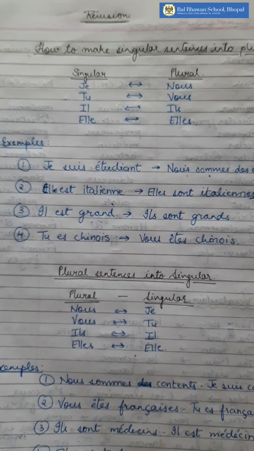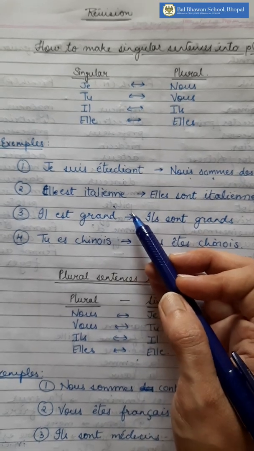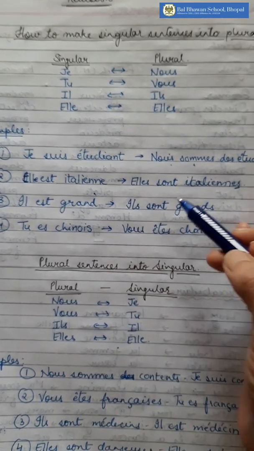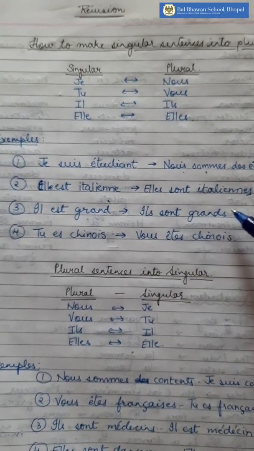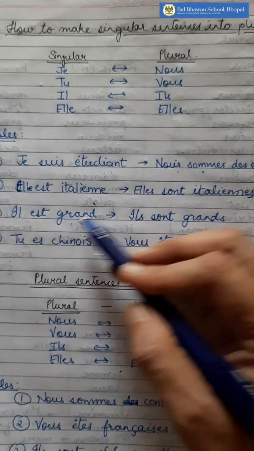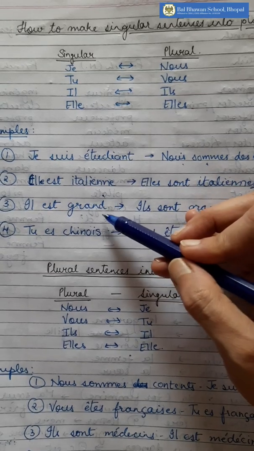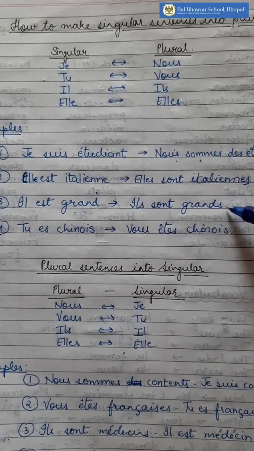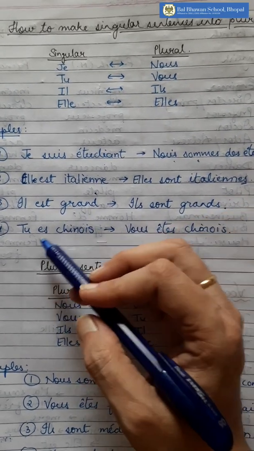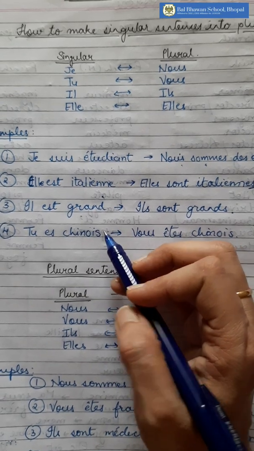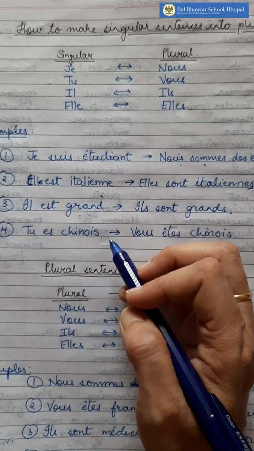Okay, singular से plural. Then il est grand, he is big, so it will be ils sont grands. यहाँ पे देखिए il की जगह ils आ गया, then est की जगह sont लिखा and grand की जगह हमने लिखा grands with s. And the last one is tu es chinois, you are Chinese.